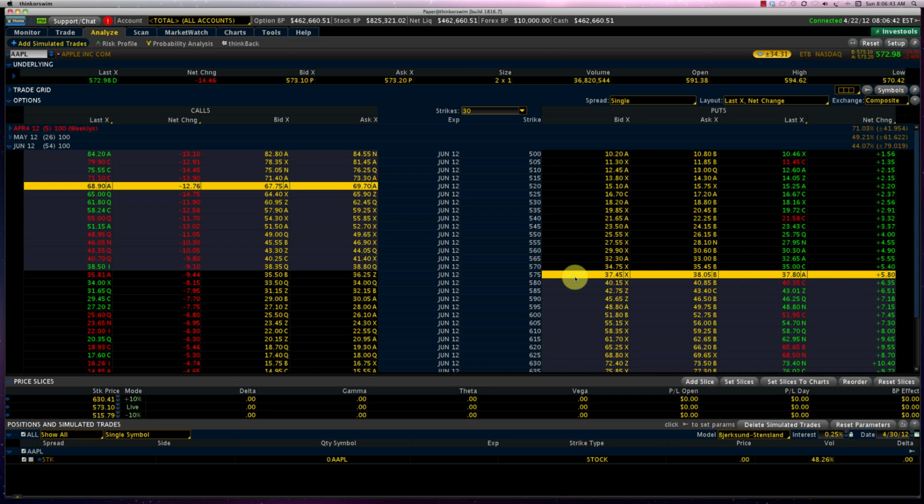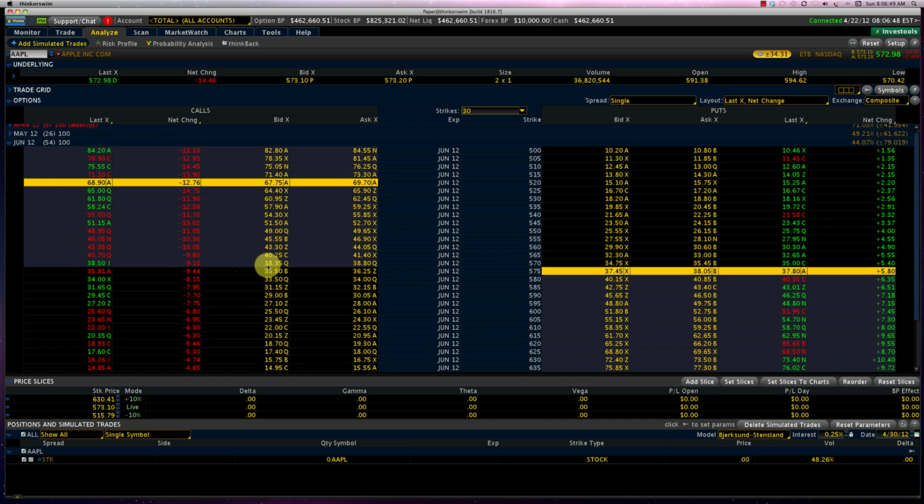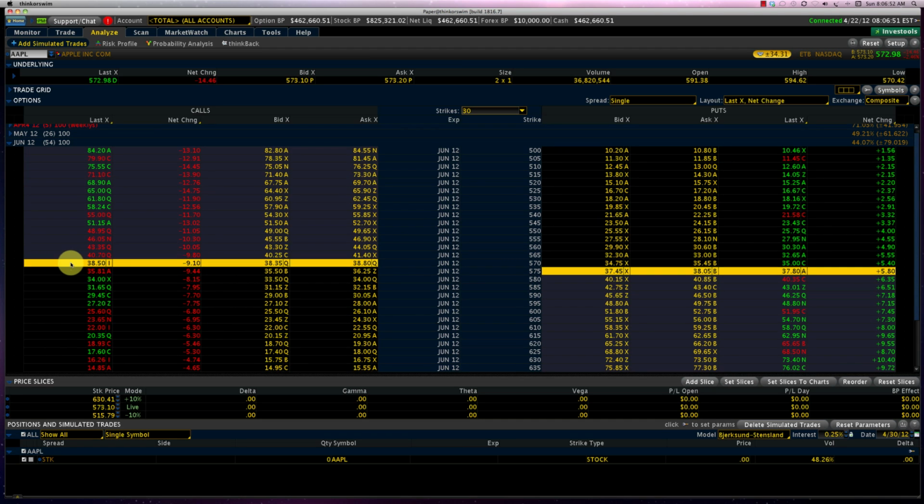The 575 put option is technically going to be in the money. So here we saw that the 570 call was slightly in the money, by $3. And here the 575 is going to be in the money exactly by $2. So we'll see all that.